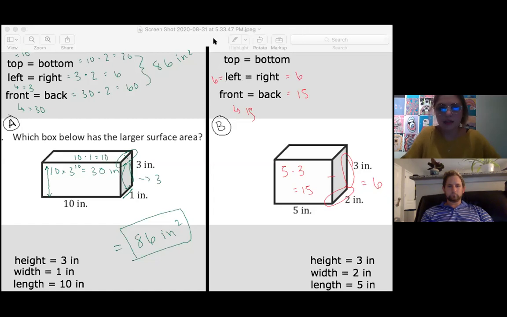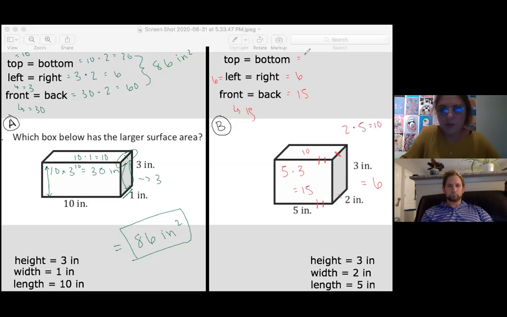And finally, let's get this top one. If we remember how the lines are parallel or congruent, this one is also going to be 2. So we'll have 2 times 5 because these are also parallel. So 2 times 5 would equal 10.